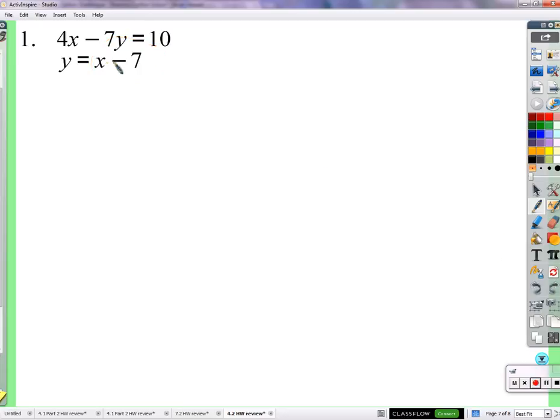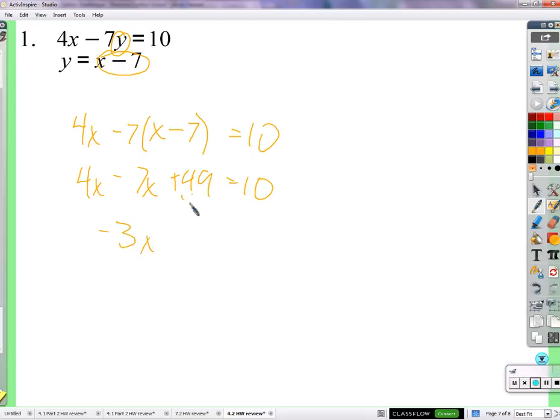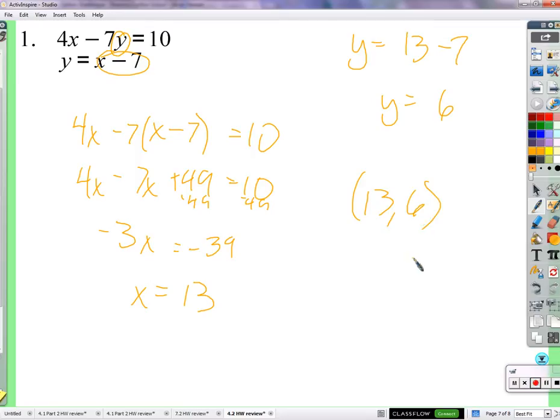Since y is the same as x minus 7, we're going to replace this y with x minus 7, because x minus 7 is the same as y. And so we distribute. Negative 3x. Let's subtract 49 from both sides. Negative 39 divided by negative 3, and x is 13. Then we plug it back into this equation. 13 minus 7, y equals 6. 13 comma 6.